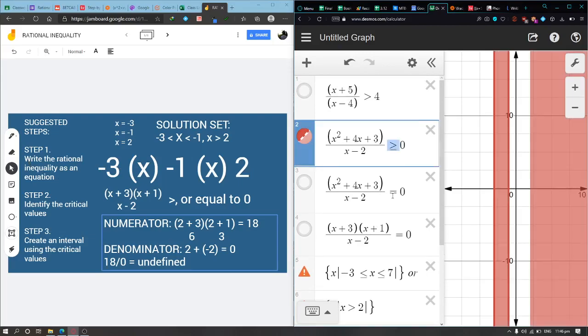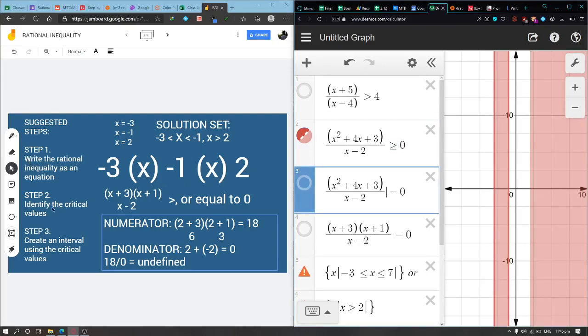From inequality, you first make it an equation, and then, identify the critical values. How to identify the critical values? Solve based on what you know or remember from our rational equations. In rational equations, we find the value of x. So, if you can still simplify, like what we did earlier, since you can still simplify that, solve it as it is to get the value of x. But here, we can no longer get the value of x.